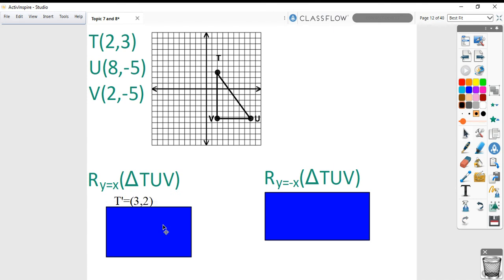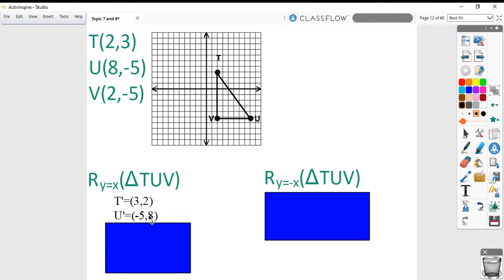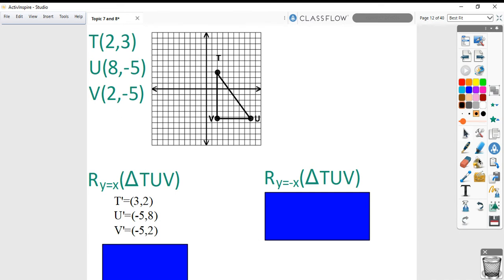So (2, 3) becomes (3, 2). (8, -5) becomes (-5, 8). (2, -5) becomes (-5, 2). So let's draw that reflection on there. We got that one. We got this one up here. And we've got another one down here. So look at this triangle that we get from it.